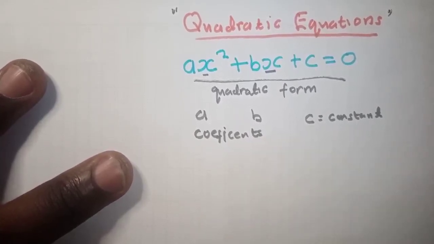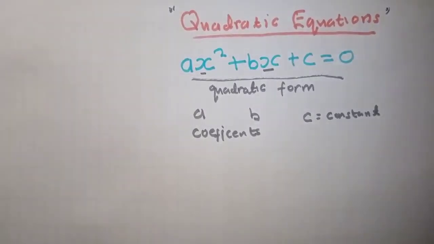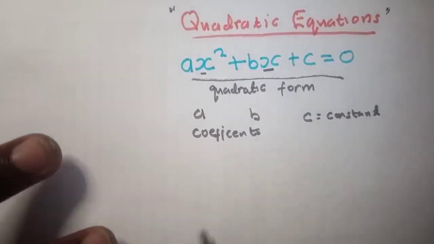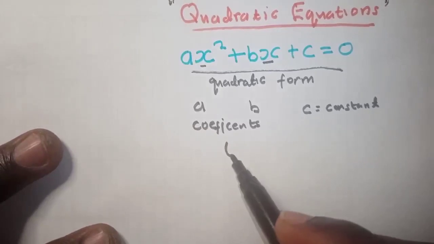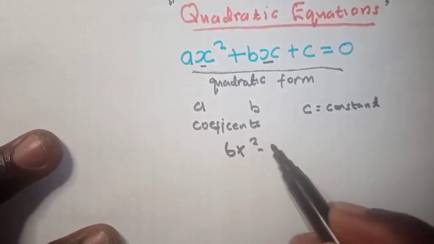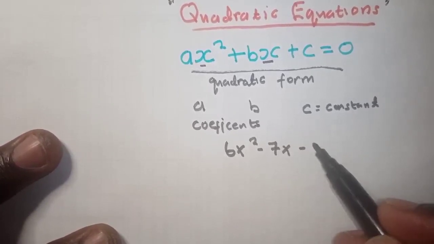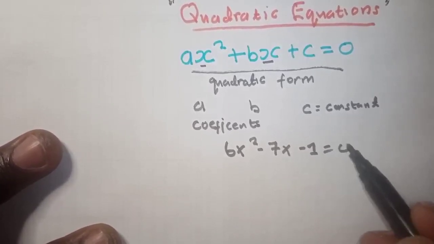So a quadratic equation will look something like this: 6x squared minus 7x minus 1 is equal to 0.